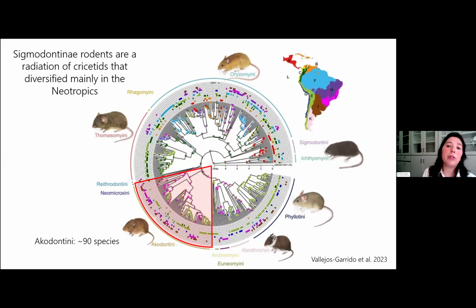So some years ago, for my PhD, I decided to investigate the morphological evolution of a group of neotropical rodents called the Akodontines, or the Akodontini tribe. The Akodontines are part of the Sigmodontine radiation in South America, or the neotropics, and they are the second most diverse in number of species, with about 90 species recognized today.